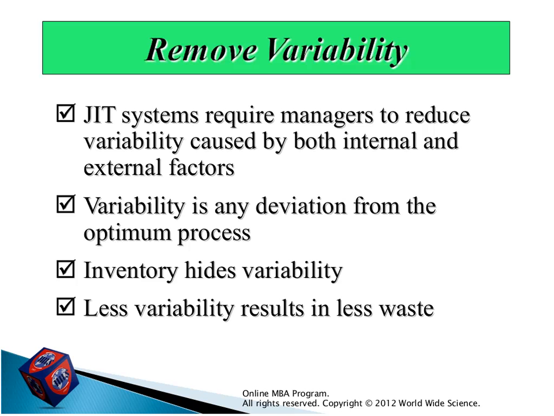So this is the reason that inventory hides variability. It means that high inventory hides variability because you have not enough time to check all of them, and when you want to use them in your production line, you will face inventory problem. This is the reason that we say less variability results in less waste.